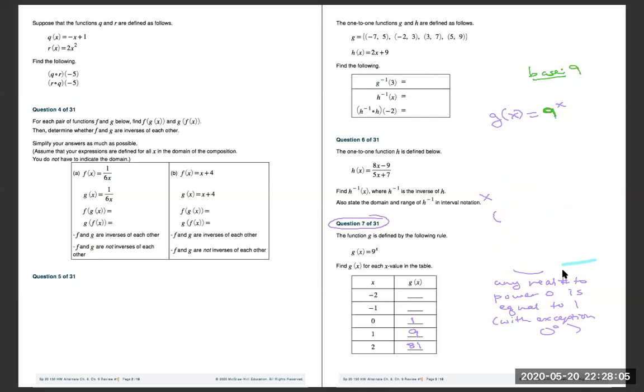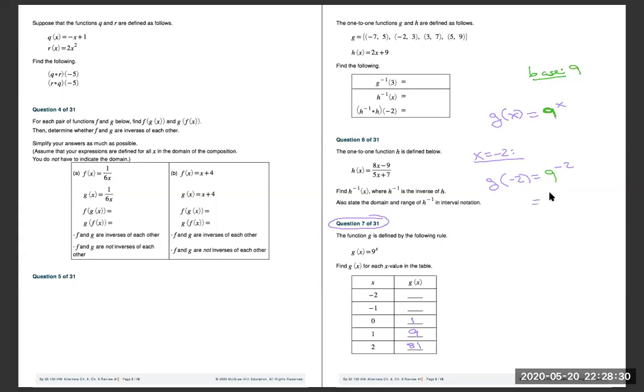Let's look at the negative exponents. For this part, you're going to want to review your exponential rules from chapter 4. When x is equal to -2, we have g of -2. That's going to be base 9 taken to the -2 power.